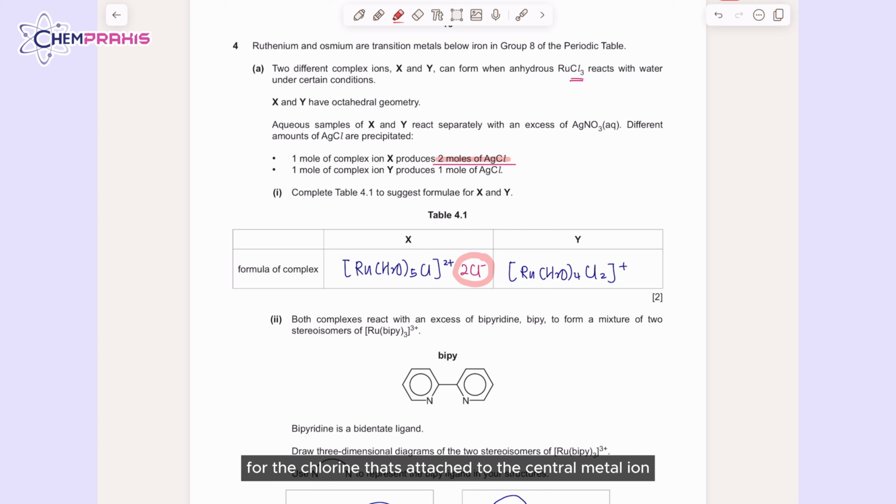For the chlorine attached to the central metal ion with a dative bond, they cannot react with silver ions to form silver chloride. So in this case, we will be able to find the formula for X and also the formula for Y according to the number of moles of silver chloride formed.